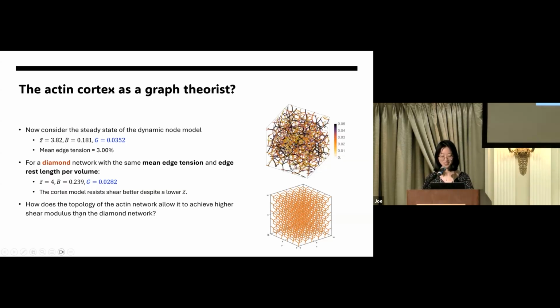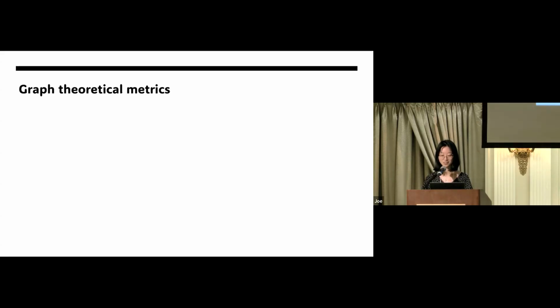So because these models have similar coordination number and similar volume fraction, we believe that the key difference comes from the topology. So we use graph theoretical metrics to determine what happens. What is the difference between their topology? The first thing I thought about is that because triangles resist shear, we must count the number of triangular loops. And indeed, we find that in our actin cortex model, the number of triangles is larger than for the diamond, which contains none of the triangular loops.